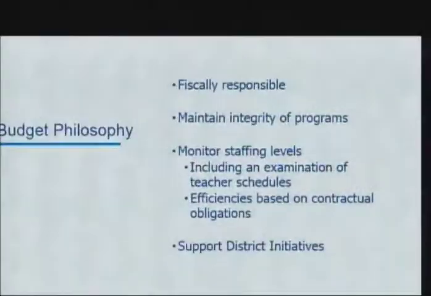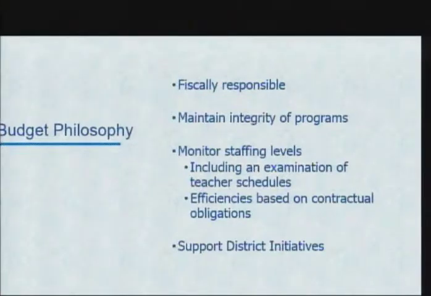So, as you will note on the next slide, our intent was to really be fiscally responsible while maintaining the integrity of programs and looking at every possibility within our staffing to reduce costs without having an adverse effect on programs.